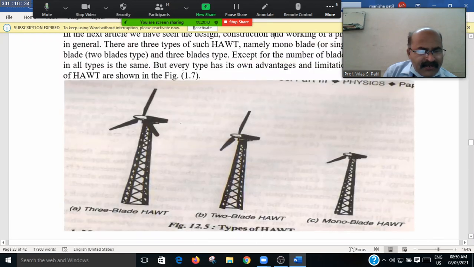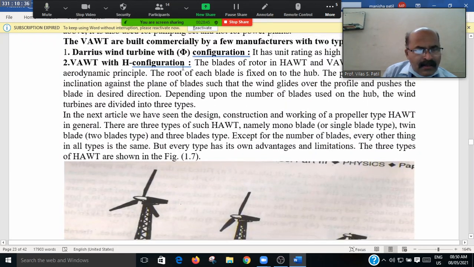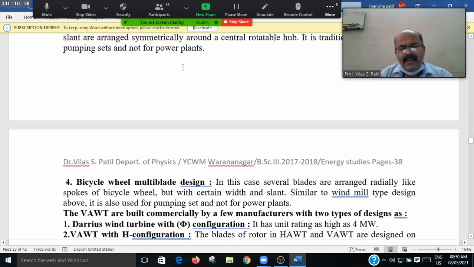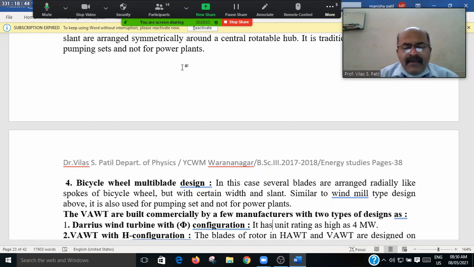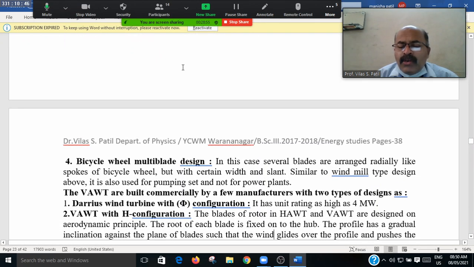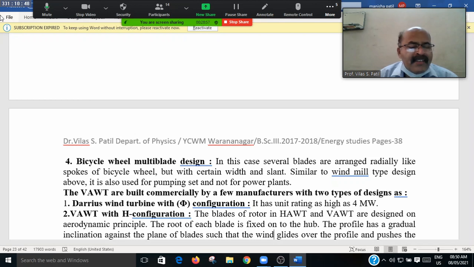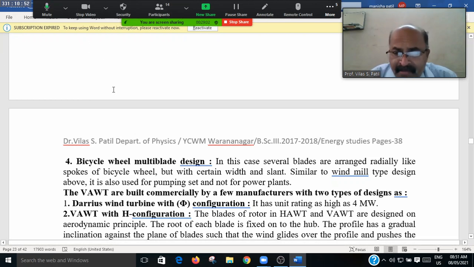Yes friends, here is the VAWT, which is built commercially by a few manufacturers with two types of design. One is the Darrieus type of design. The name Darrieus is the name of the scientist.